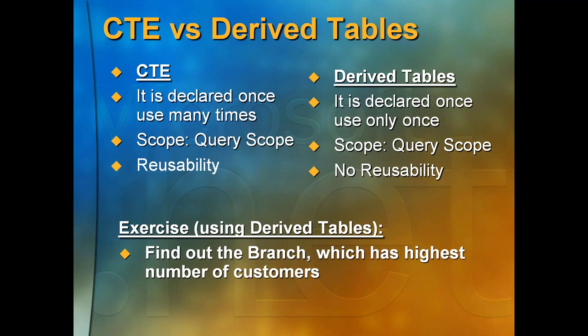So that is what you can think of as a derived table. Only once we can use it. But you buy a 1 liter water bottle. So what is the advantage? You can drink multiple times, but since it is your bottle, only you can drink, I cannot. Clear? Within a single query, you can use this multiple times, but not in another query.